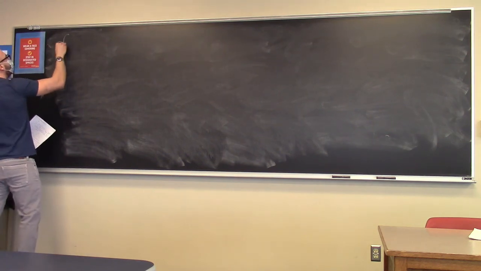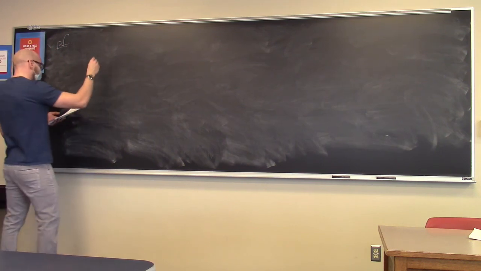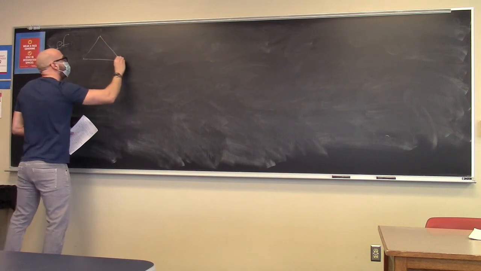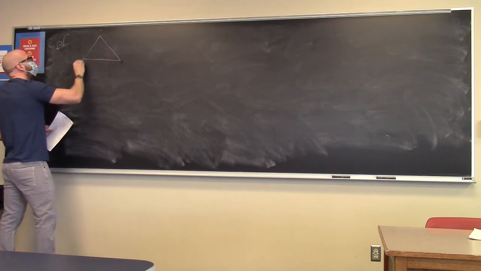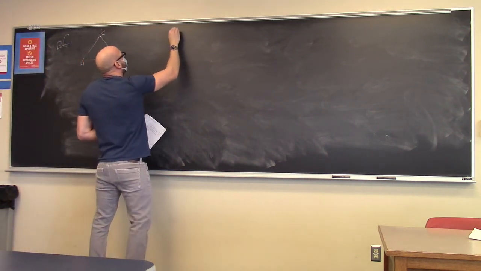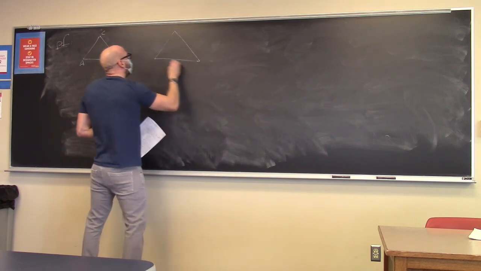So we'll start with two triangles. I've got a triangle ABC, and I've got a triangle DEF.